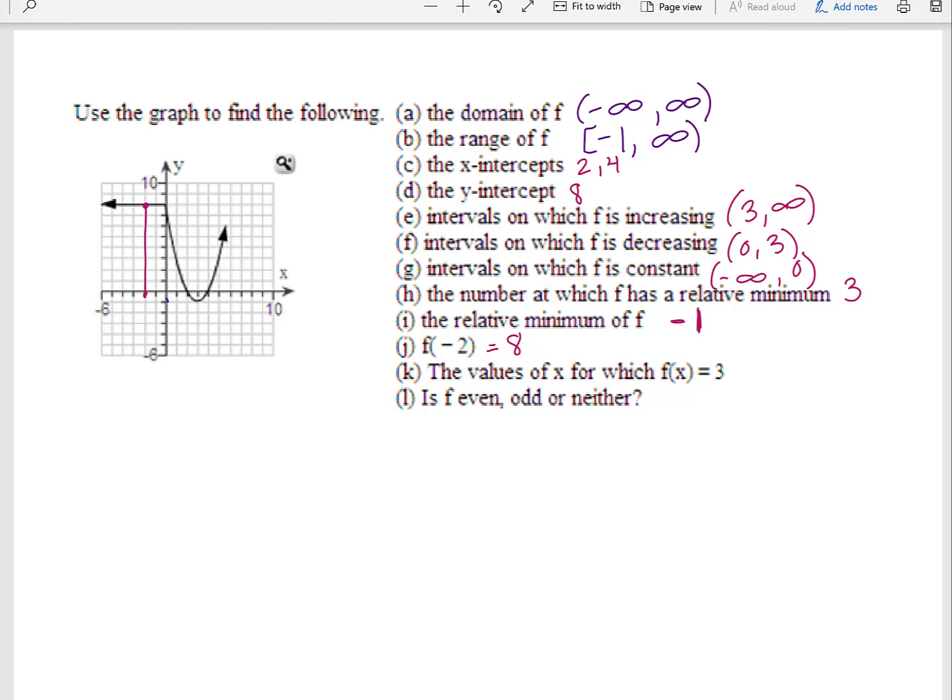Well, when y is 3, I'm right here or right here. So I would be at 1 and 5. And then it asks about this function being even, odd, or neither. And in this case, it's going to be neither, but we're about to talk about why it would be neither.